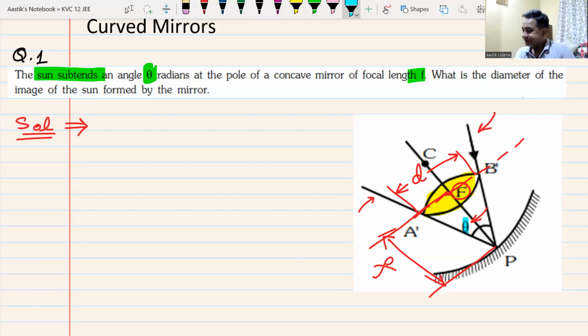What is the answer? 2f sin theta. No. Try again. Well, you're getting there. 2f theta. Slight mistake.